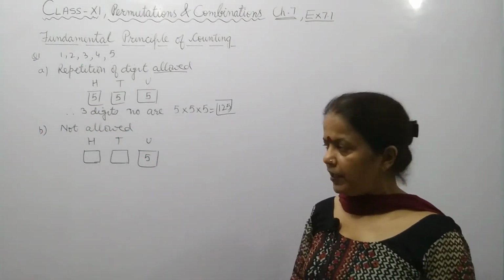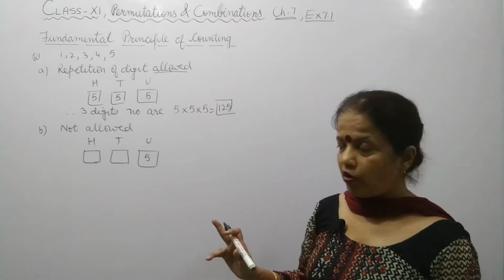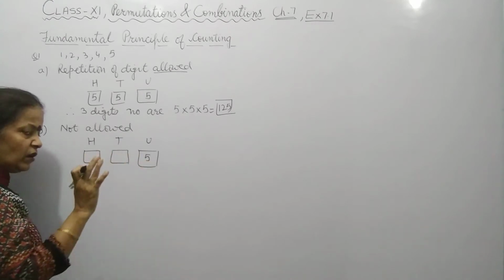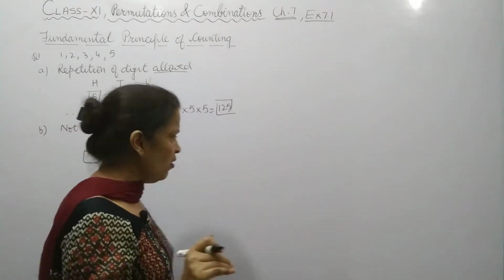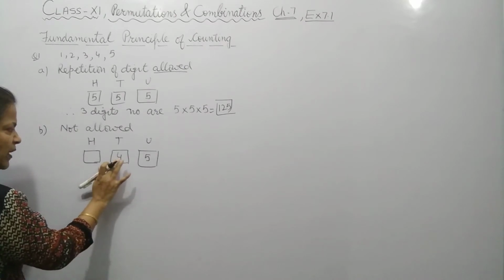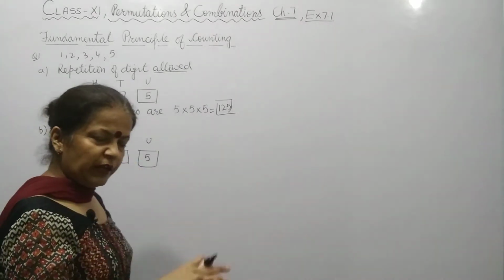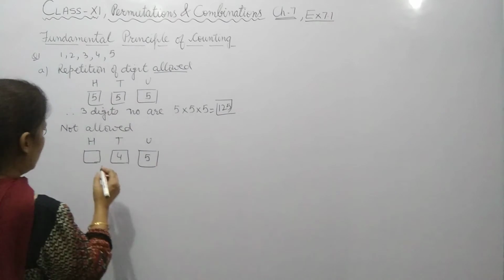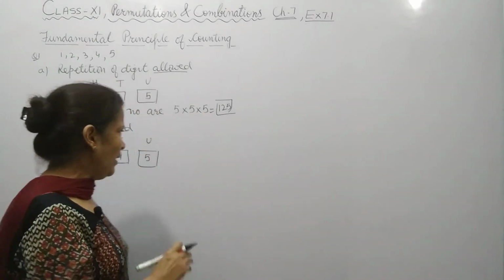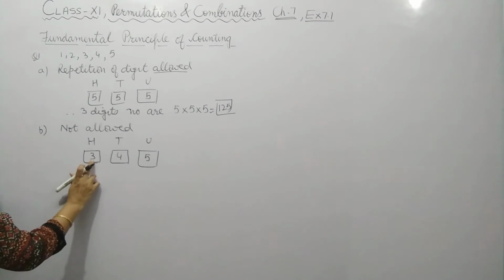Now since repetition is not allowed, one of the 5 numbers has come over here. So what should be the number left now? Total numbers left are 4, so out of 4, 1 will take place over here. Now repetition is not allowed, so out of 3, any one number will come over here.